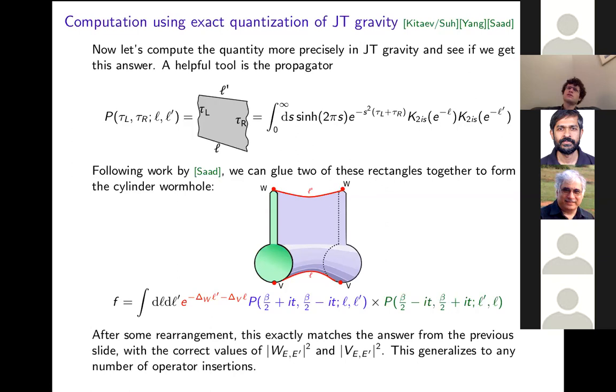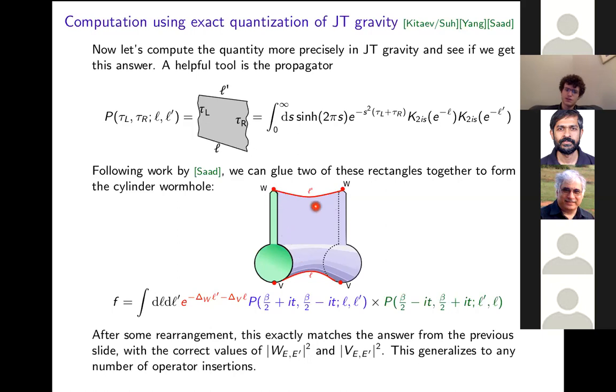No, this is an important point. Let me explain. Let me recapitulate your question and then try to answer it. Here I said that the only effect of the matter was inserting these factors. But in addition, we should also do a one-loop determinant of the matter fields on this geometry.